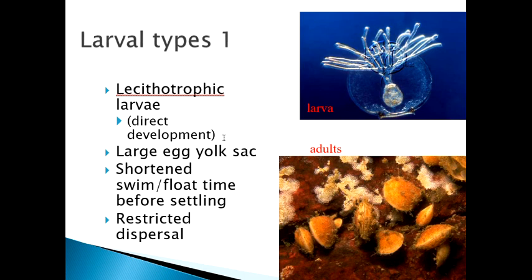These organisms, as they hatch from the egg, are endowed with a large yolk sac. So they have food, they have lunch packed for them for potentially weeks, maybe even over a month or so. So they don't swim or float a long time before they settle. So there's a restricted dispersal for these things.